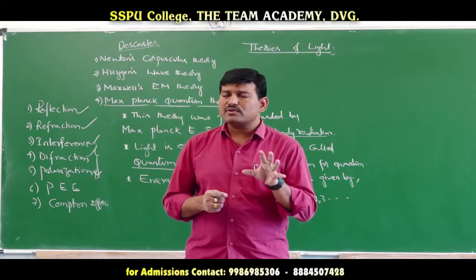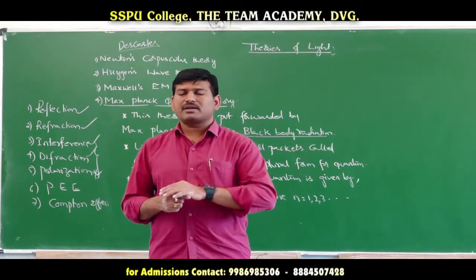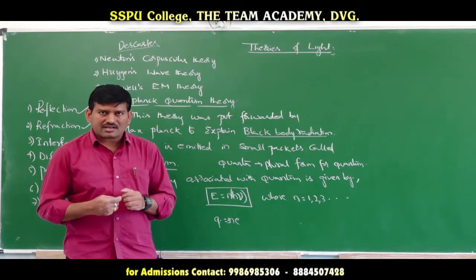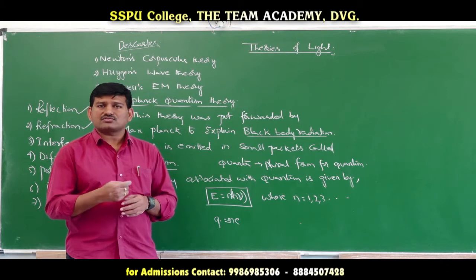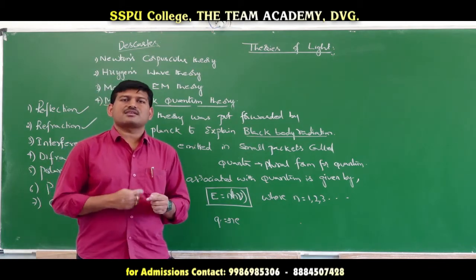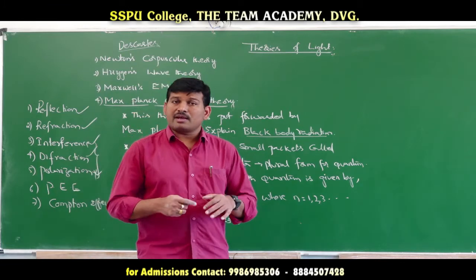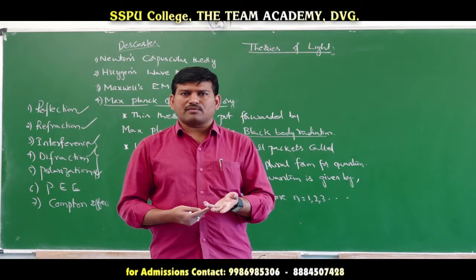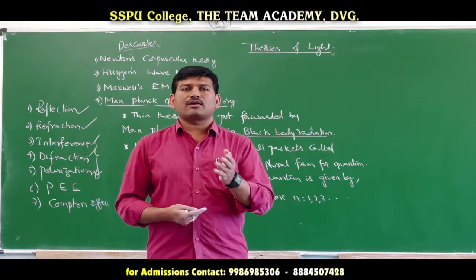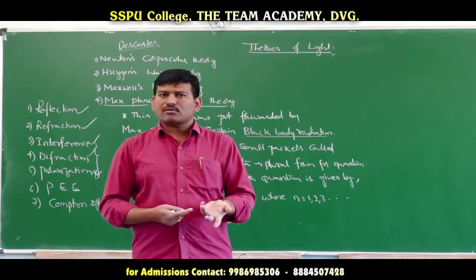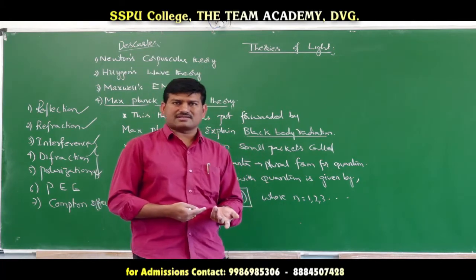So, the number of students in the classroom is always an integer number, never a fractional value. In a similar way, when you are trying to find out the charge on a body, the charge is raised either because of the excess of electrons or because of the deficiency of electrons. The number of excess electrons or the number of deficient electrons will be an integer number. We never have 2.5 electrons deficient or 2.5 electrons in excess. So, either 2 electrons might be in excess or 3 electrons might be in excess, yes or no.